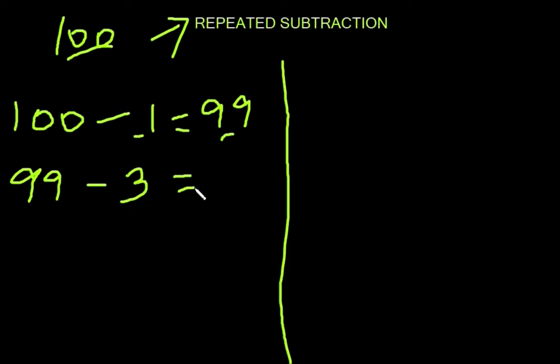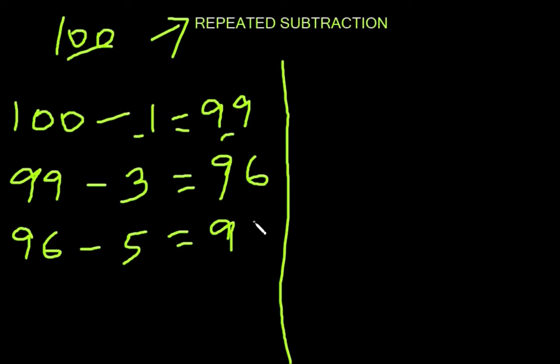96. Now just take 96 and subtract it with the next odd number. It is 5. What is 96 minus 5? Yes, 91. Now take 91 and subtract the next odd number. After 5, the next odd number is 7.